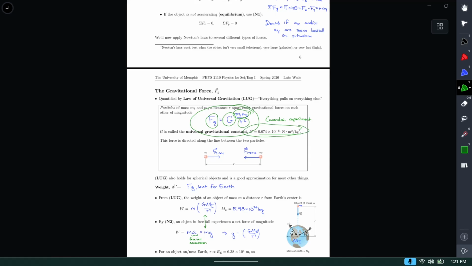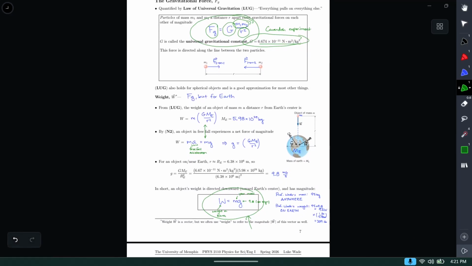It is a constant. Little g is something that is only relevant for Earth, where it has the value 9.8. It's related to big G in that actually this right here is how you determine little g. It's big G times the mass of the thing you're interested in, in this case the Earth, over the square of the radius, meaning the distance between the center of the Earth and wherever you're at.